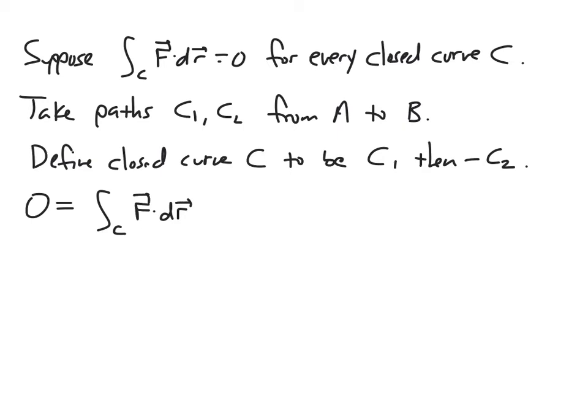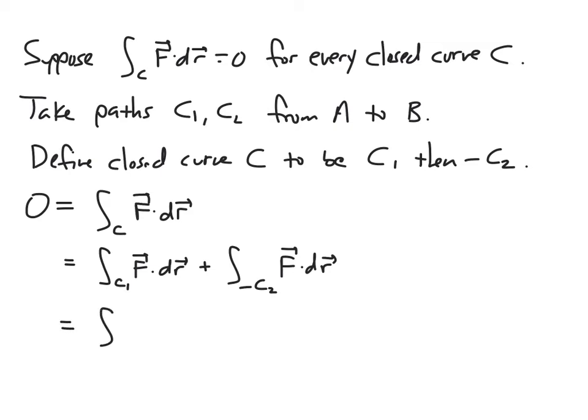But as we just saw, this closed curve C we can think of as the integral over C1 of f dr plus the integral over negative C2 of f dr. Right, just breaking up this curve C into the two paths that defined it.